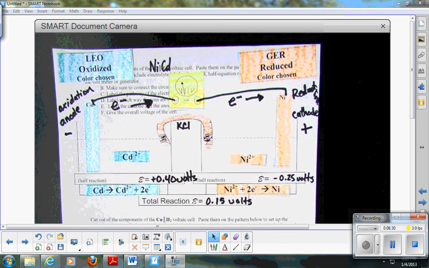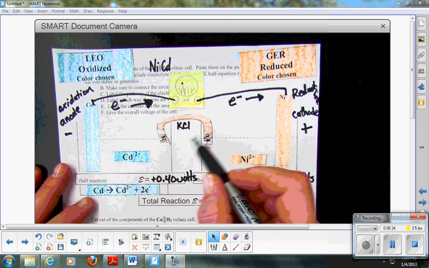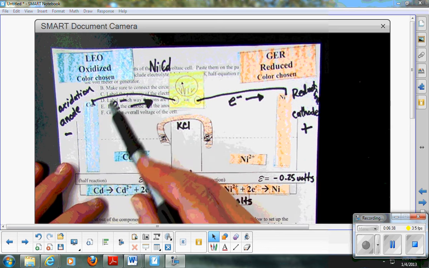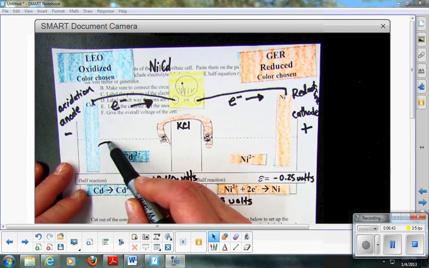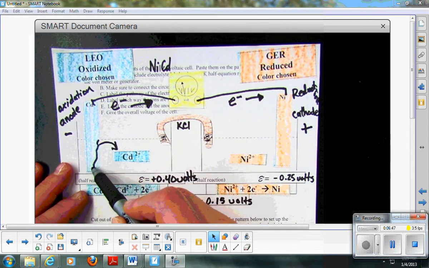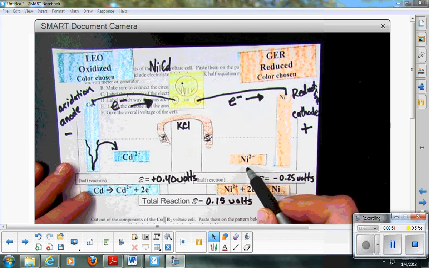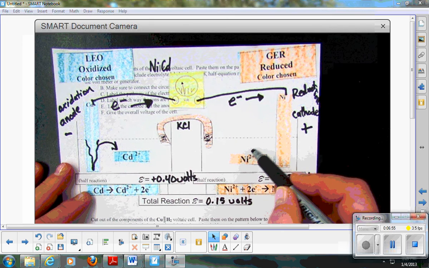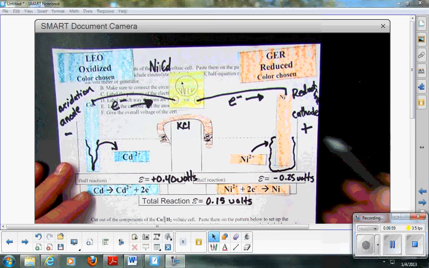Okay, so then what we're going to do is, this is giving off cadmium, and cadmium is becoming Cd plus 2, so it's going into solution. Because it's going into solution, this electrode is going to become smaller. Over here, nickel plus the 2 electrons that came across are going to make nickel, and so this electrode is going to grow.